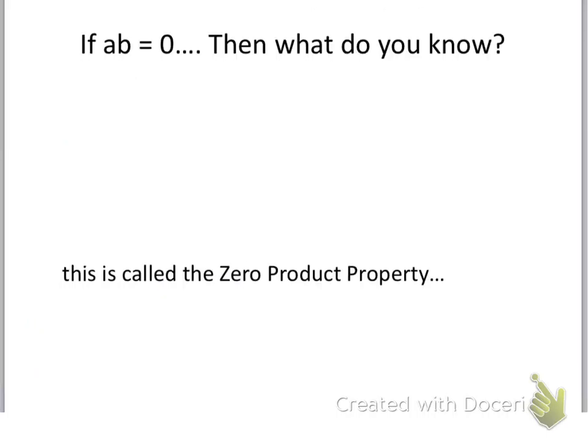So what I first want to talk to you about is the idea of a times b equals 0. We need to understand this in order to be able to solve these types of problems. So if a times b equals 0, then what do I know about a or about b? When I multiply two things together, how do I get 0?